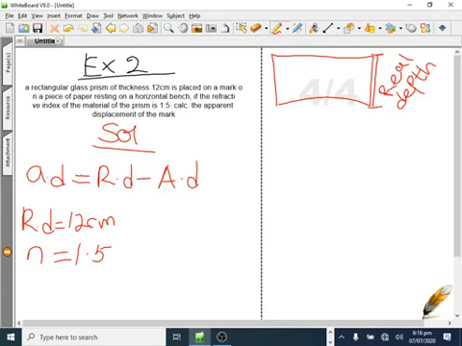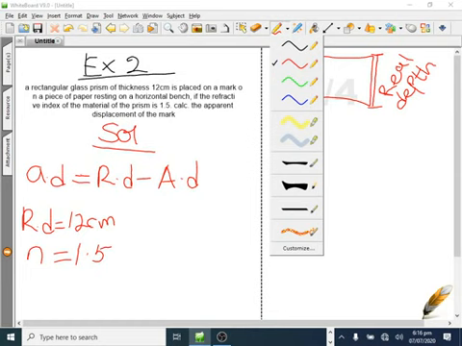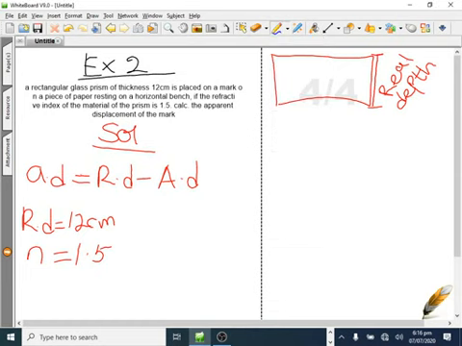Our apparent depth is unknown, and we don't know our apparent displacement. But the question says we should calculate our apparent displacement.